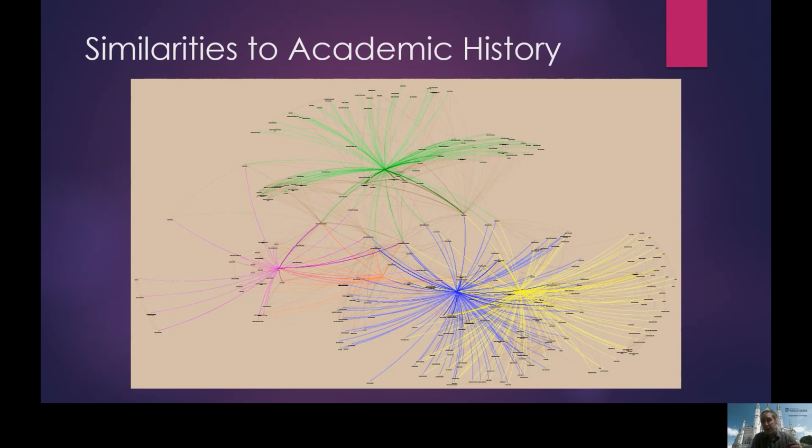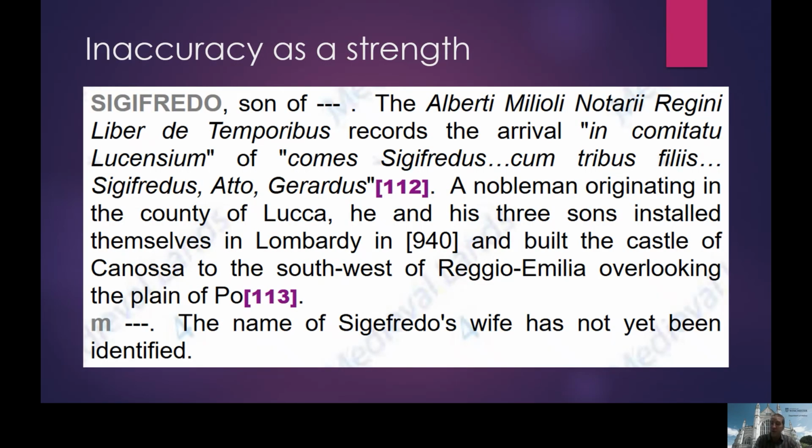And this inaccuracy, I think, can become a strength because it gives us a more complete picture. So it's a more abstract picture, but it's a more complete picture. Because very often when we're conducting our historical research, when we're looking to construct these databases, these models of society, we're limited by the figures that we know about.